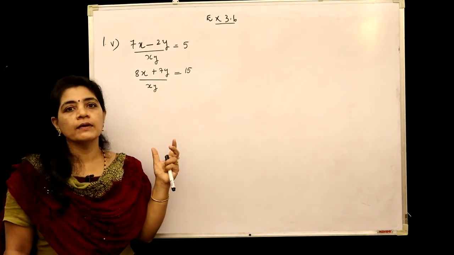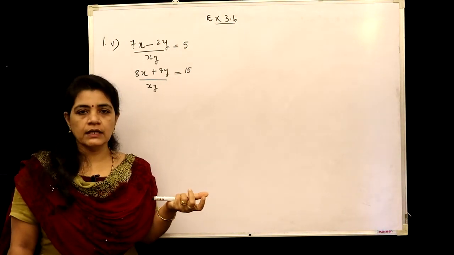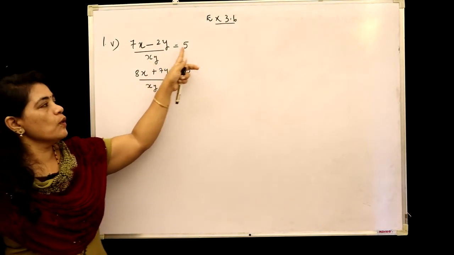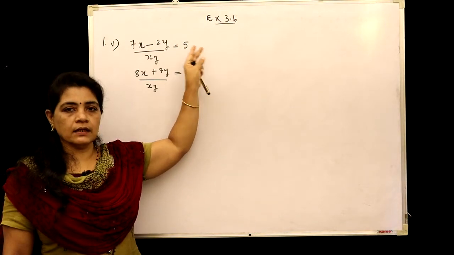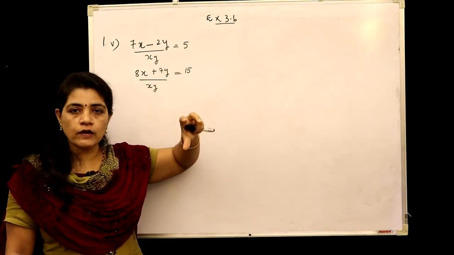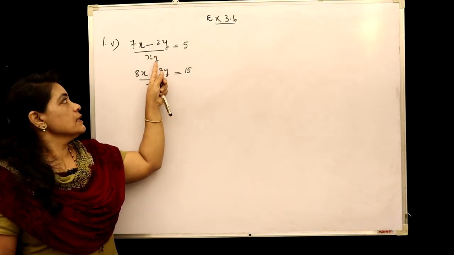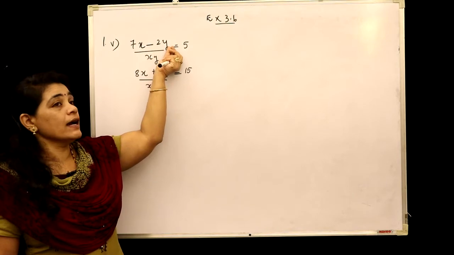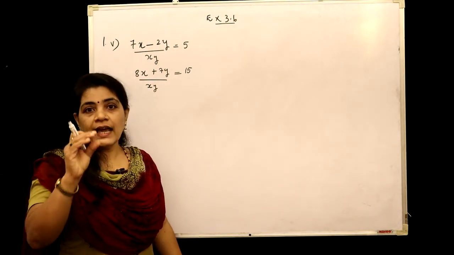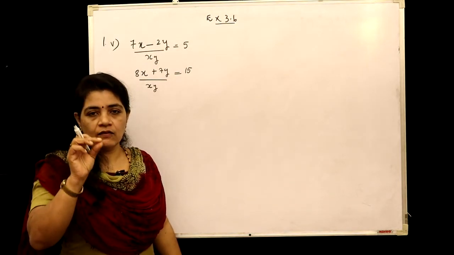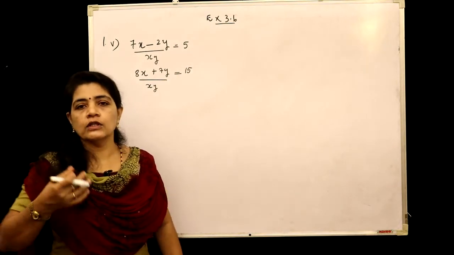This problem can be reduced to linear equations in two variables in two different methods. Either you can take this xy to the RHS, so 5xy, and in order to make the RHS part the constant, you can divide throughout by xy. Or you can split this 7x minus 2y divided by xy with the xy, that is 7x divided by xy minus 2y divided by xy. Both are okay.